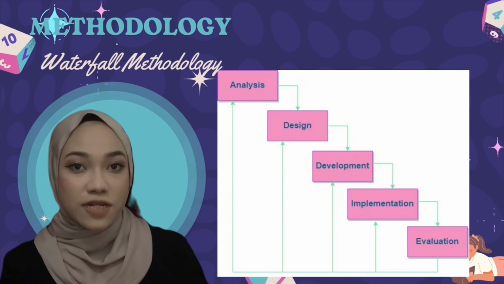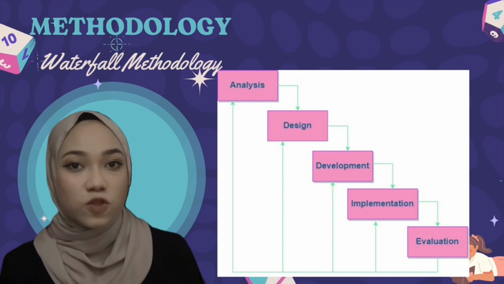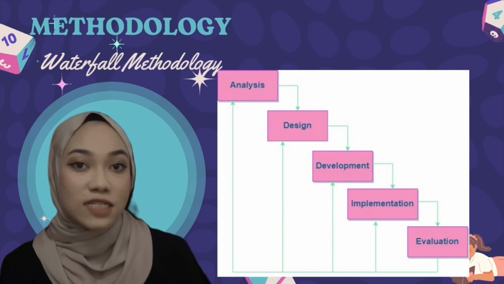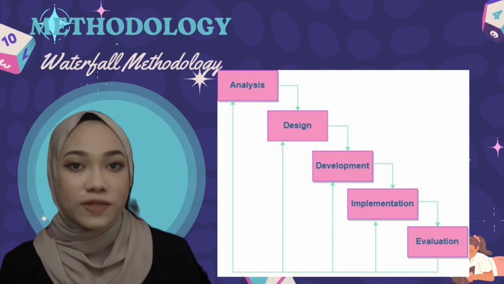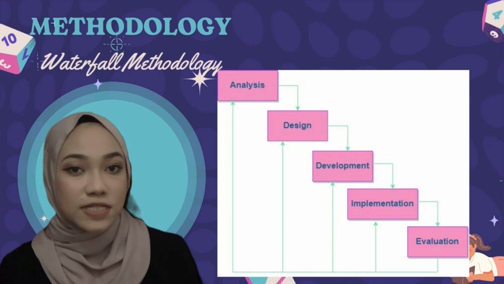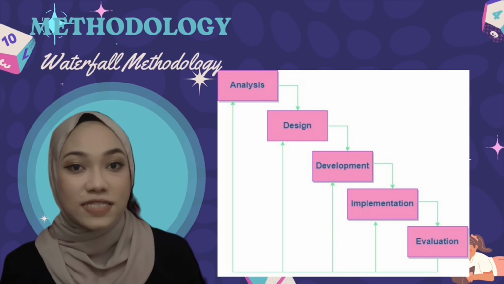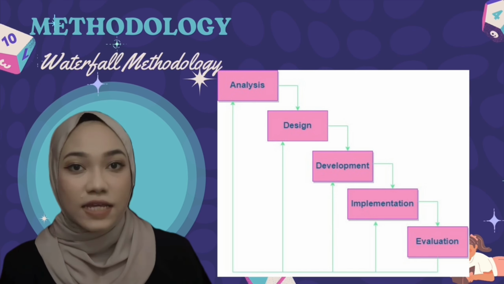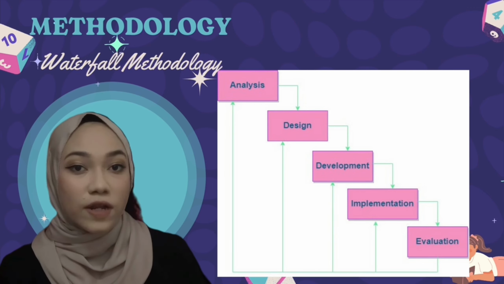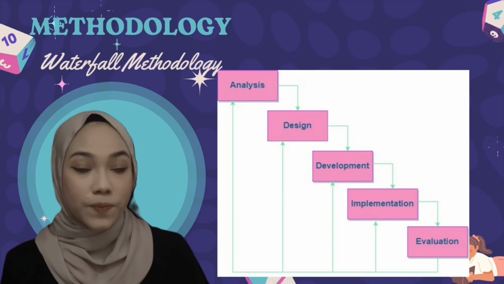This application will be tested in this phase to check if it can work as expected. The app will be tested by 34 parents with children aged 4 to 7. The last phase is the evaluation. In this phase, the application will be evaluated through an online survey using Google Form.